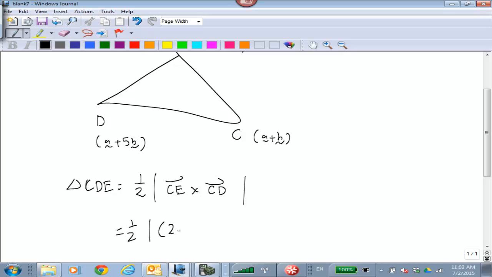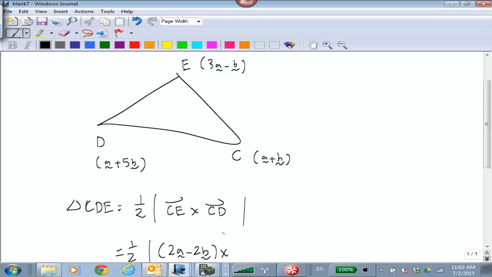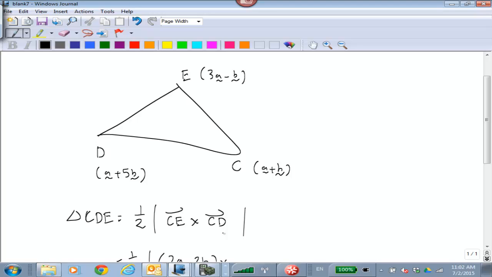Okay, let's put it down. 2A minus 2B. Cross CD, minus 2A plus 6B. Oh, OD minus OC. Sorry.